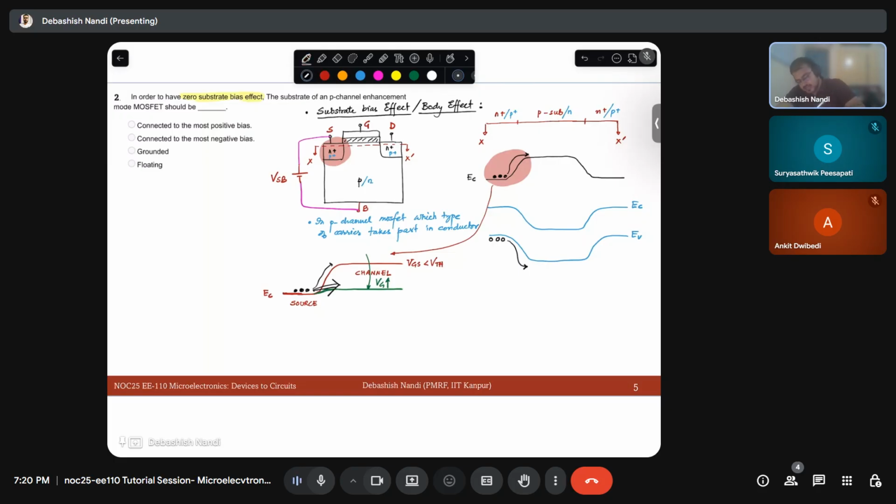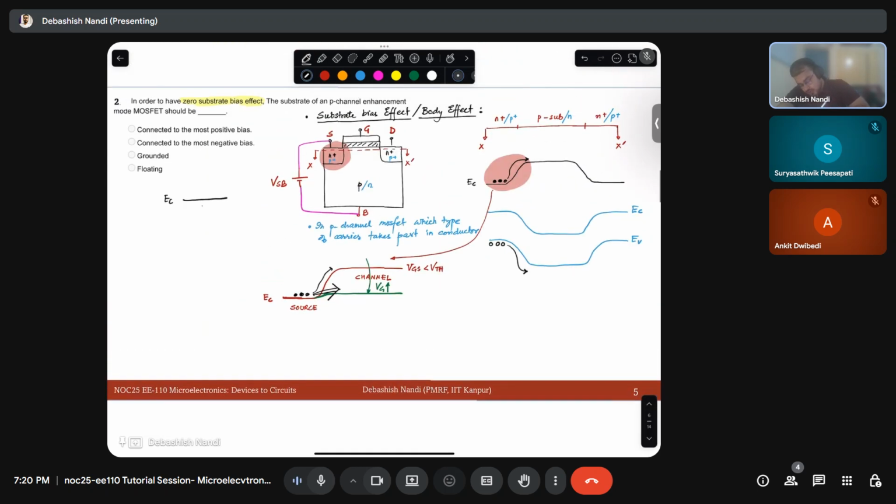There is this energy, let's say this is EC of the source. If I apply a positive voltage to the source, will this be lowered or will this be higher? By applying positive voltage, it will lower, right? Because it is electron energy. So if I apply a positive voltage, this source terminal will lower.